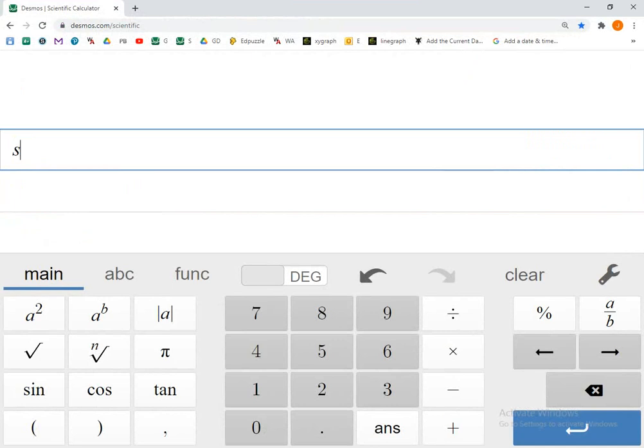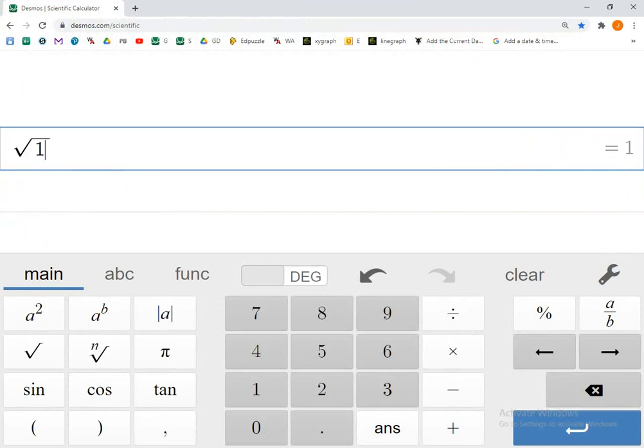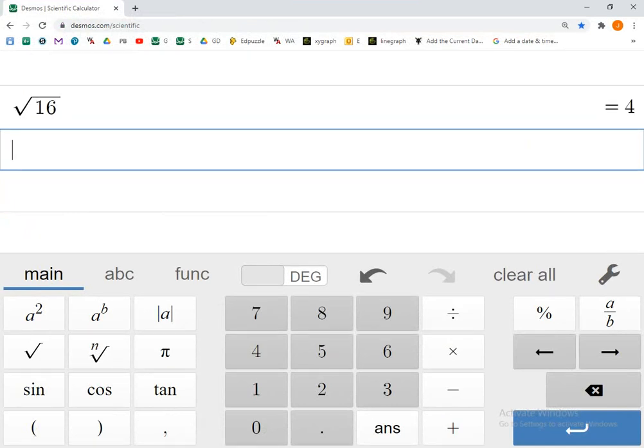If I take the square root of, let's say, 16, it's 4. Okay? But let's say I take, what number can I multiply by itself 2 times to get 16? 4.